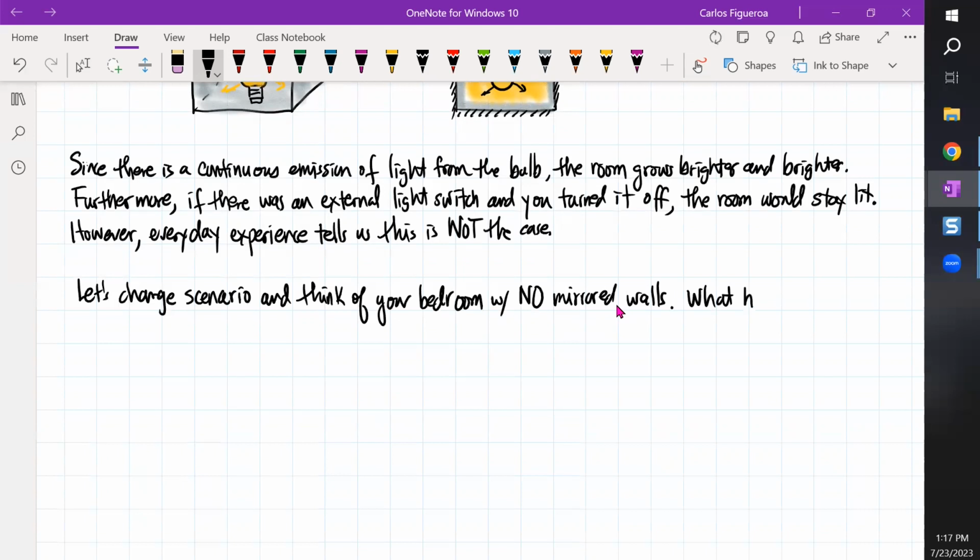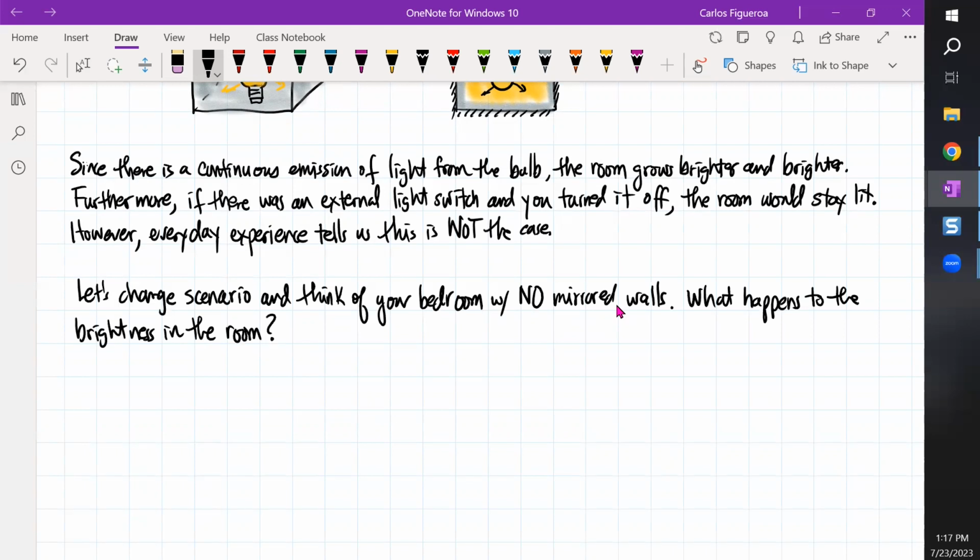What happens to the brightness in the room?